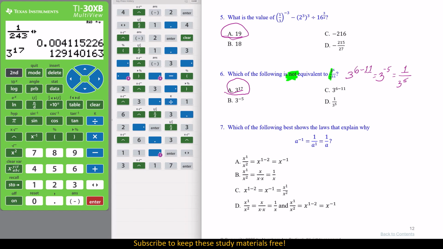Everything I just wrote is how you solve an exponential fraction with the same base. So obviously those are not it.